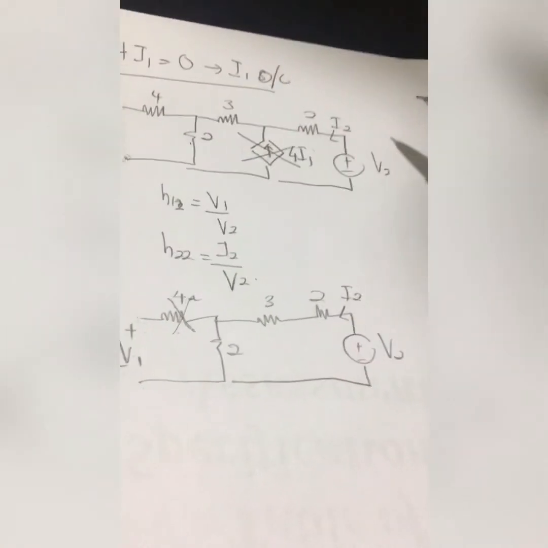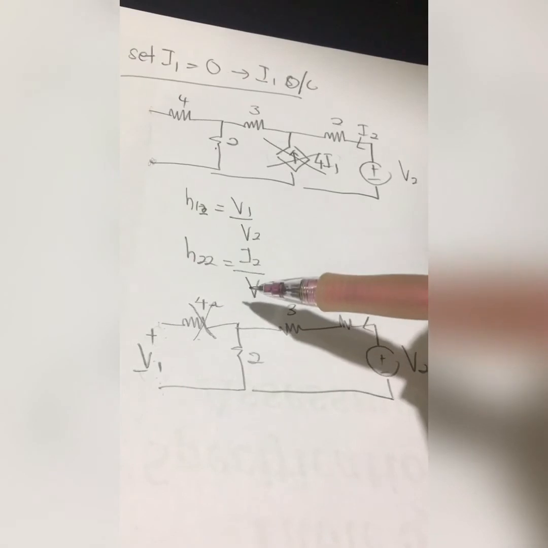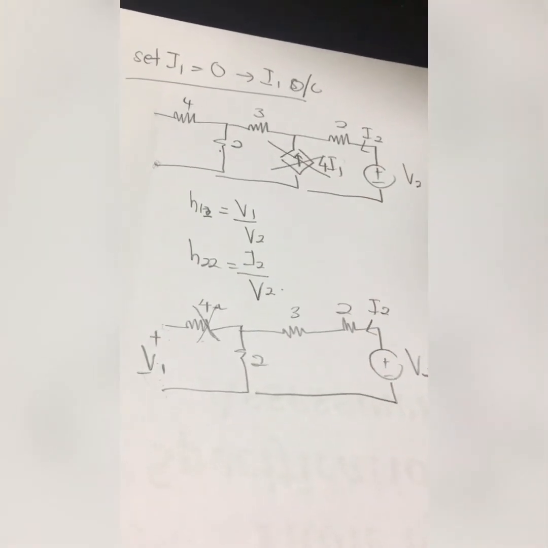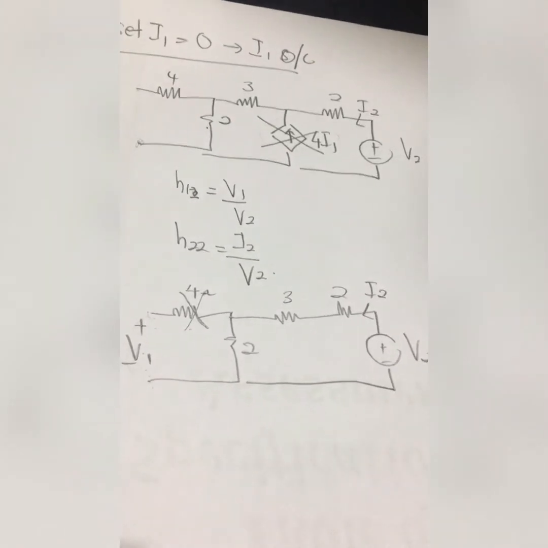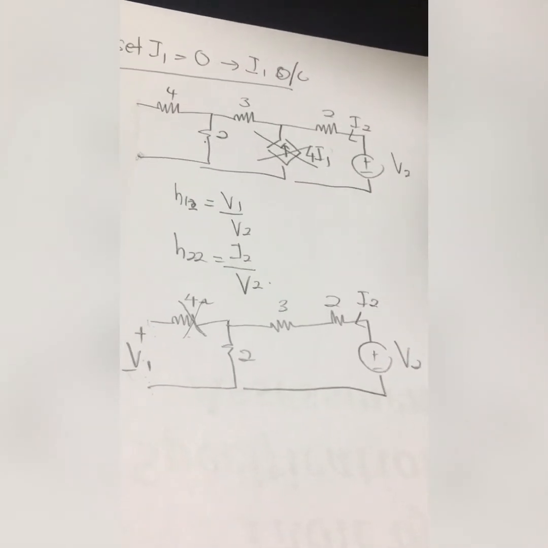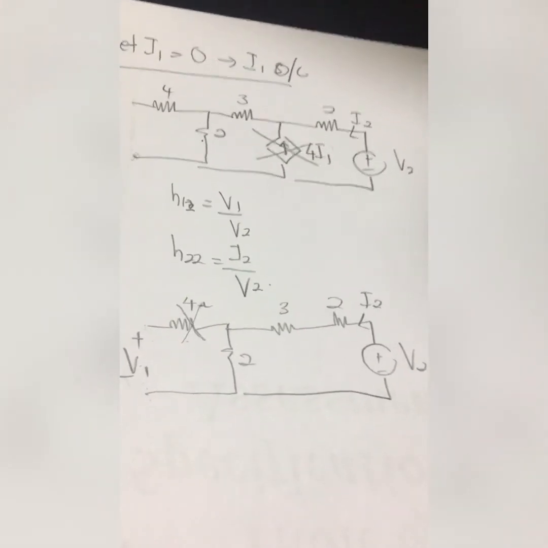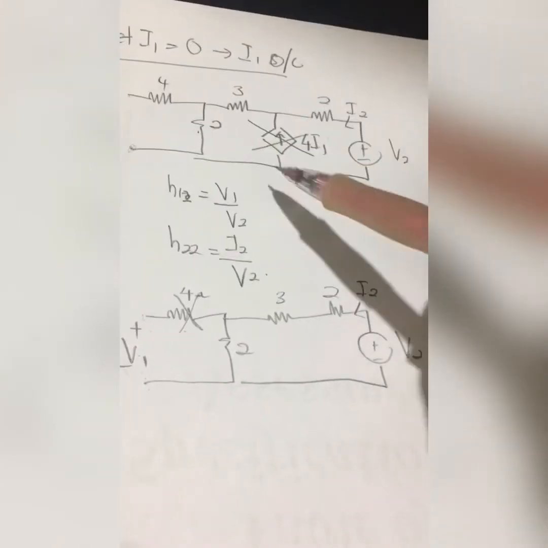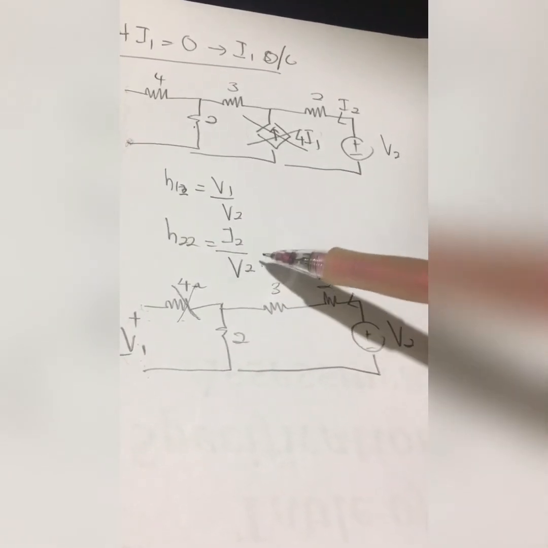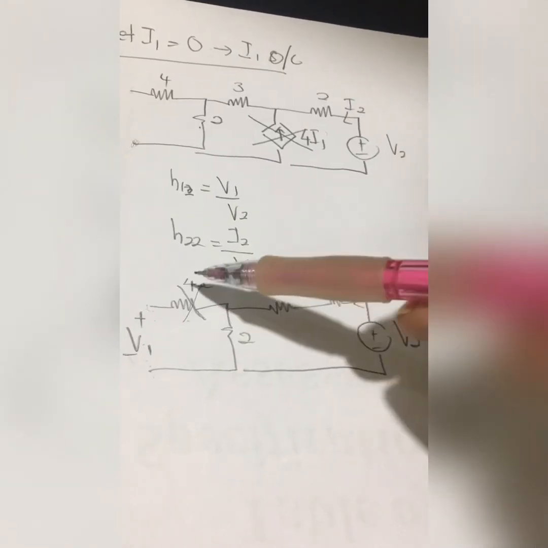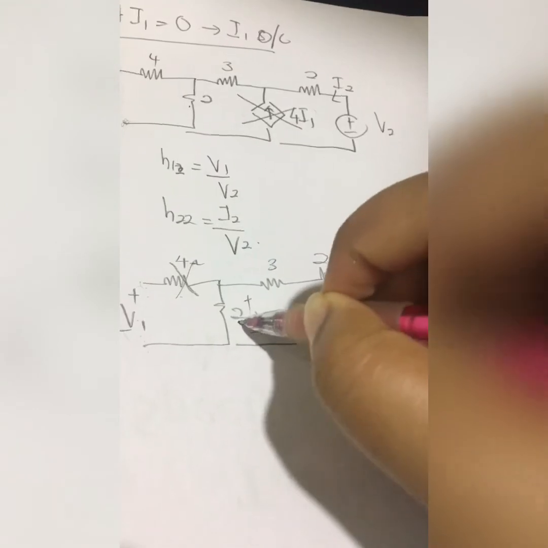So to calculate H12 and H22, you can simply use basic laws like Ohm's law, KVL, KCL, or CDR or VDR. Okay, so basically we need to calculate V1 and I2 in terms of V2. V1 is actually the voltage drop at the 2 ohm.